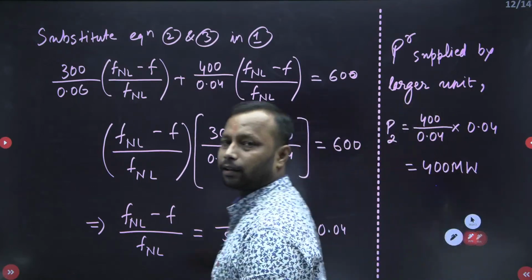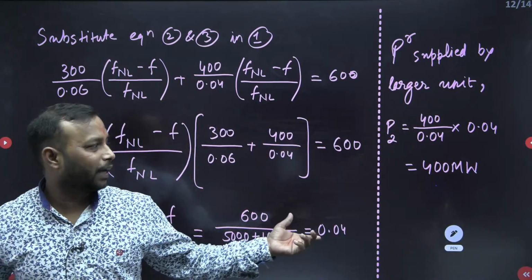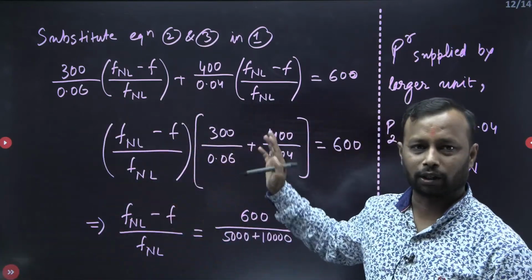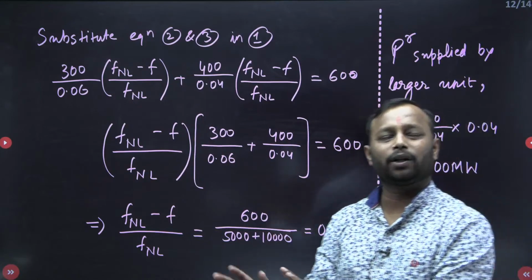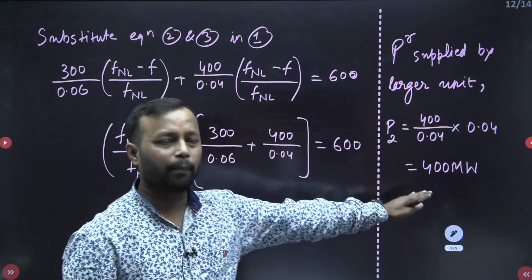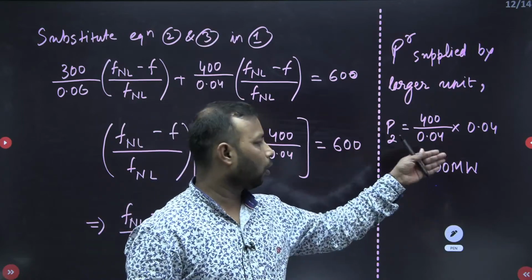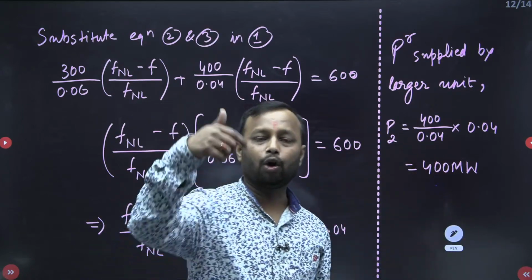So see, by the grace of God we are getting the same value of 400 which was given in the question. It is not always true that you are going to get 400. It may be less than 400, the value basically depends on the load supplied.